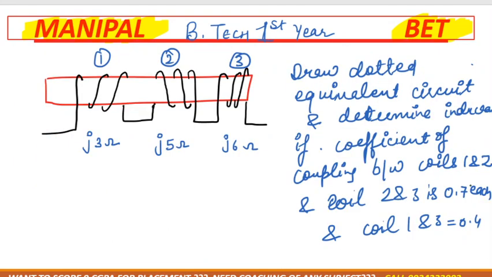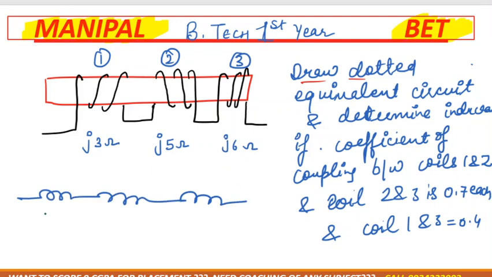Tell me. See, this is your paper question. They have given the circuit like this and I drew the dotted equivalent circuit, since there are three inductors, L1, L2, L3. Here the current is entering, here also the current is entering.